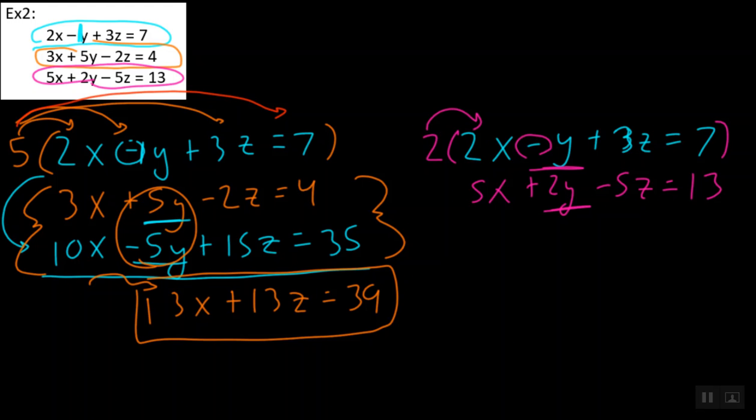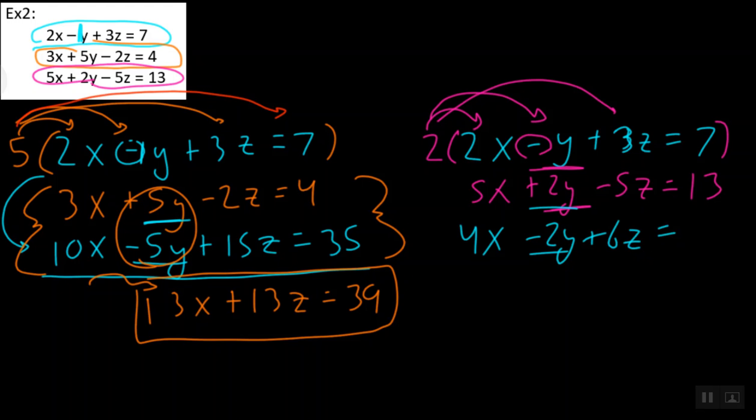Okay, so what is 2 times 2x? Well, that's going to give us 4x. And let's see, what is 2 times negative y? That will give us minus 2y. You can see these are already going to cancel. What is 2 times 3z? Well, that's going to give us plus 6z. And of course, finally, what is 2 times 7?